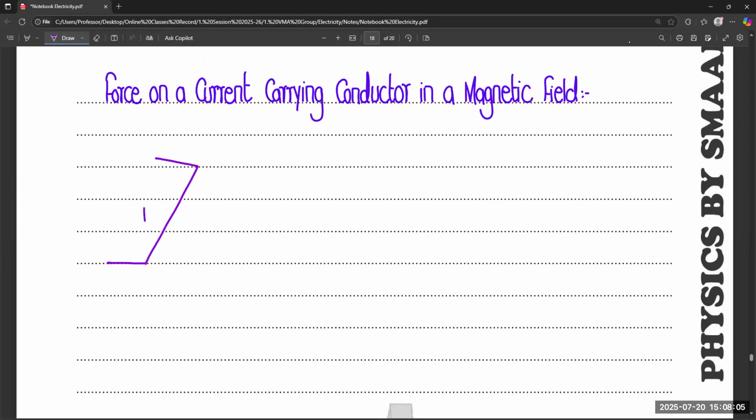So let's suppose this is the north pole of the magnet, and on the other side we have a south pole. So these are the two poles of the magnets that we are using.